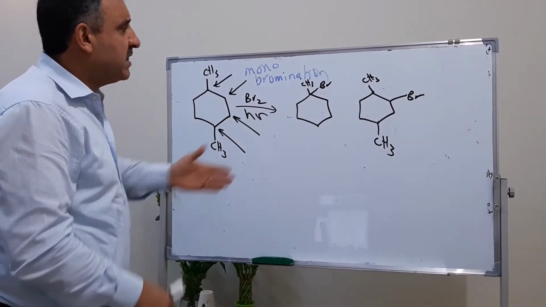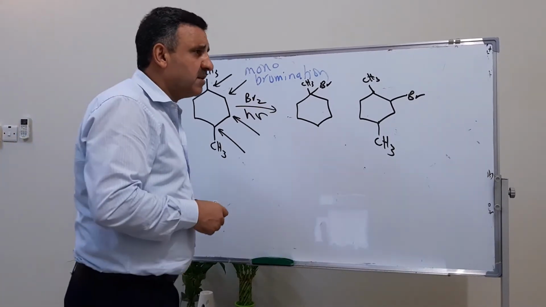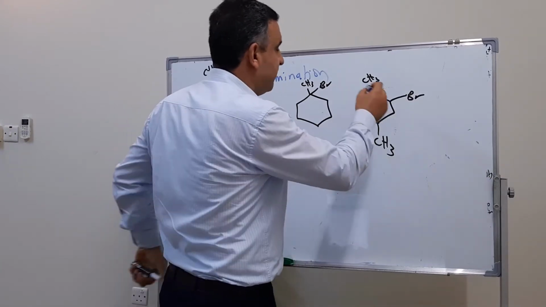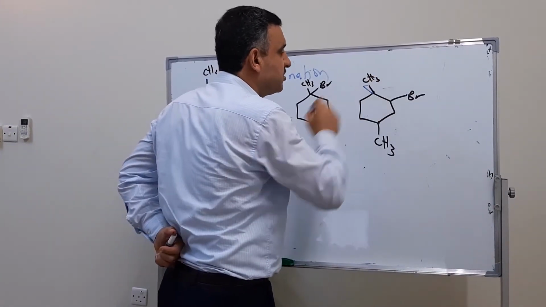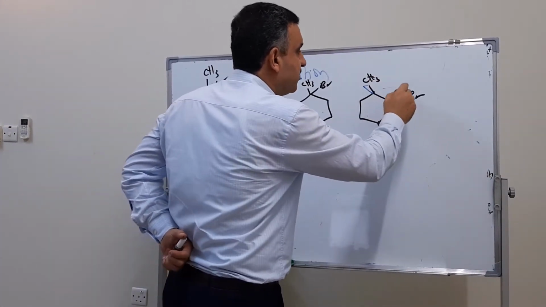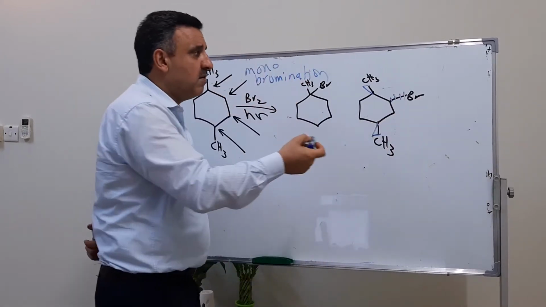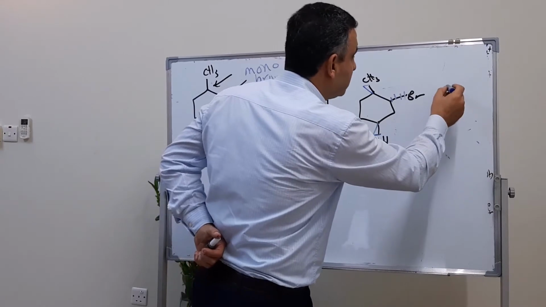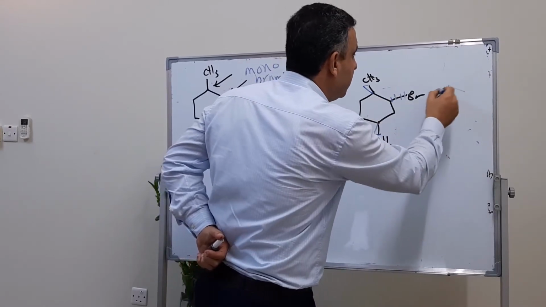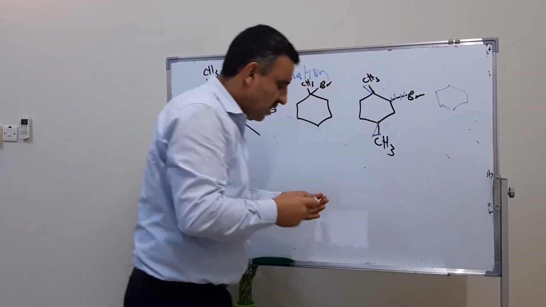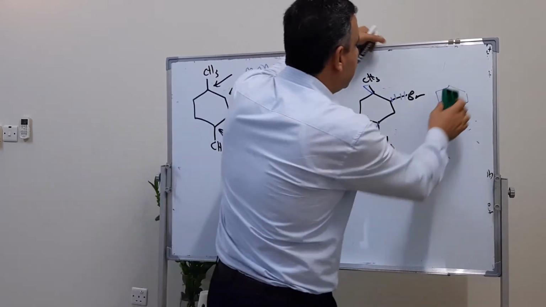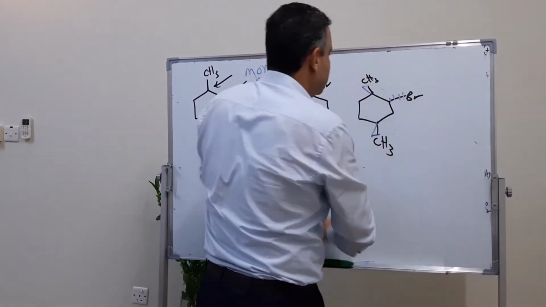Anyway, in this case you have to take care of the possibility of stereochemistry here. For example, this methyl to be up, this methyl to be below, this methyl to be up the plane. Or, for example, this bromine to be, or the two methyls to be, because it's all about possibilities. Now you just have to check all possibilities.